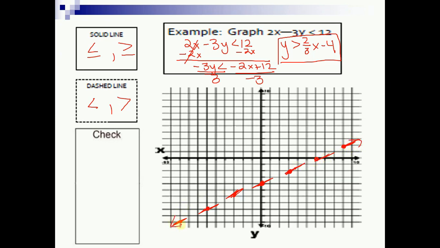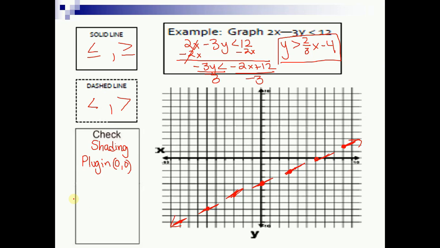There we go. Now, number 3 told us we needed to check or shade. To shade, we need to know, are we going to shade above here or below here? To check your shading, you're going to want to plug in the ordered pair 0, 0 into the original equation. Why 0, 0?